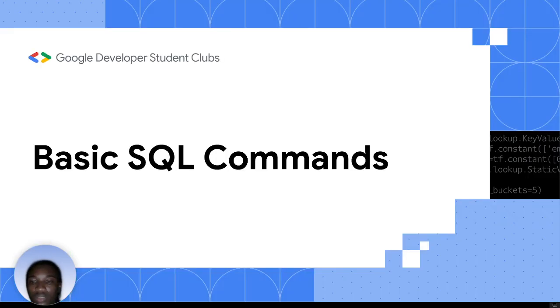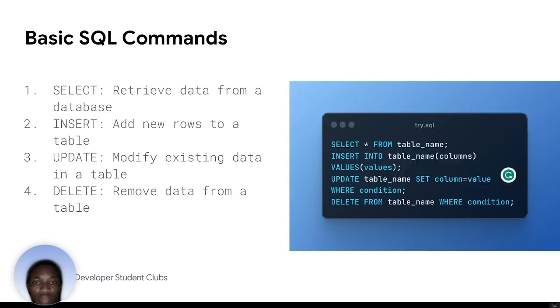Basic SQL commands. We will look at the basic SQL commands. I think we've touched a little on some, but I'll still touch on them again. The select command is used to retrieve data from a database.